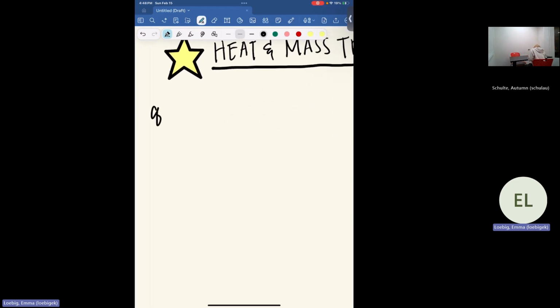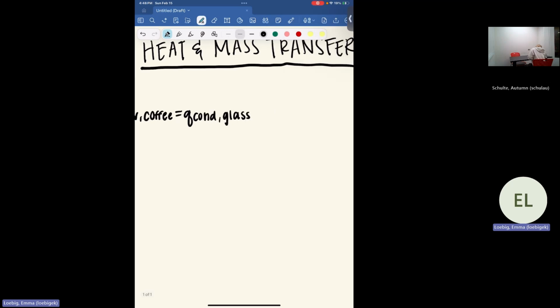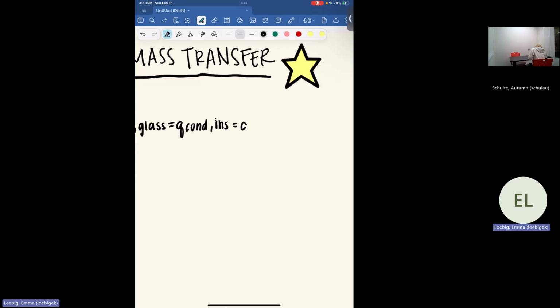So we had a single heat flow term Q equal to the heat loss via convection through the coffee, which is equal to heat loss via conduction through the glass, which is equal to heat loss via conduction through the insulation, which is equal to heat loss via convection to the air.